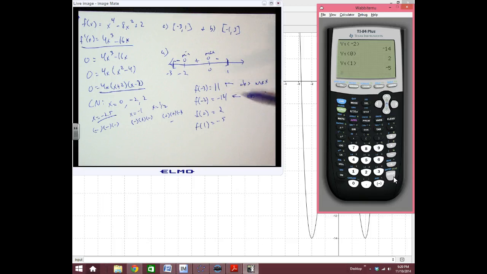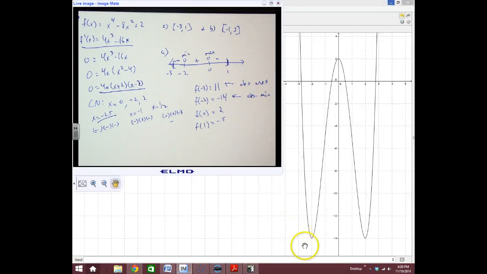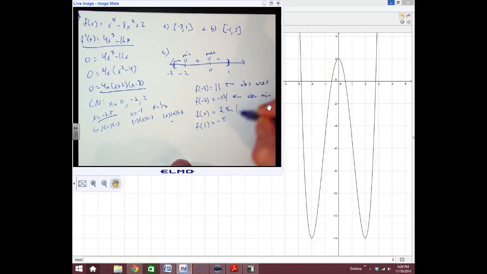Now in this case, our absolute min was the absolute min of the graph, right here at negative 2, but the maximum, which should have been a local max at 0, is no longer the max. It's just a local max, I guess technically when we get into it. This would be a local max, or relative max, and this would be relative min. Okay. But we were guaranteed an absolute max and absolute min.